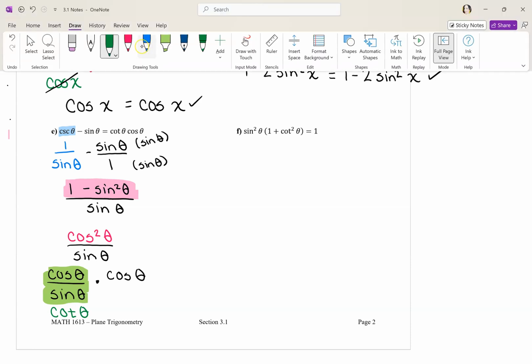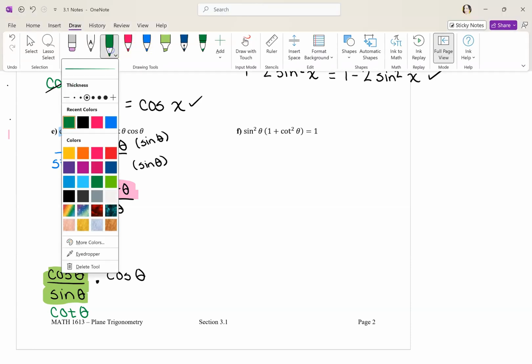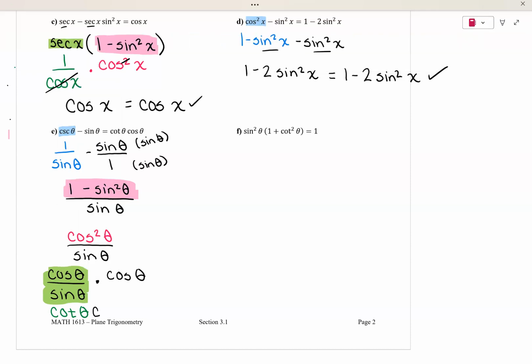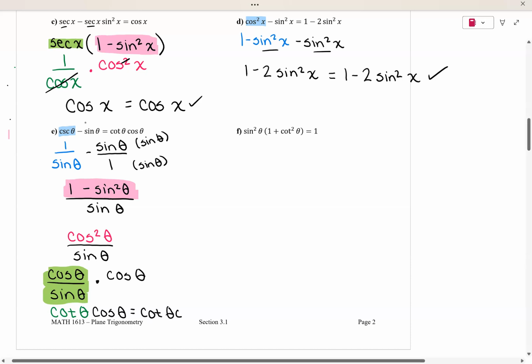And now that can be multiplied times our cosine, and notice what we got, our right hand side. So we got it.